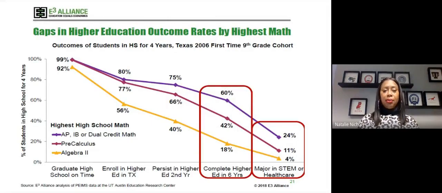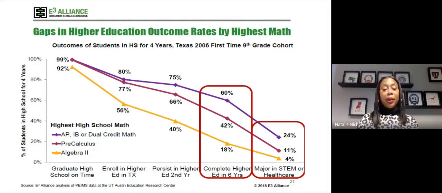So this is a kind of busy graph, and so we'll give you a moment to acclimate yourself. And so the different lines represent different levels of math that someone can attain. And then what it says is, if you attain that level of math in high school, what does it mean for you as far as enrolling in college or higher education, staying in college, graduating from college, or even going to a STEM career?